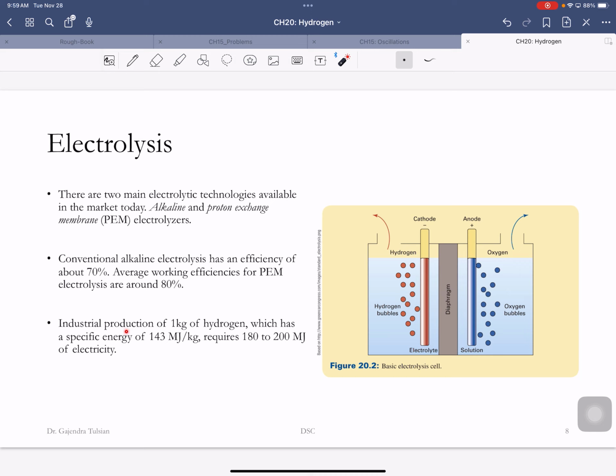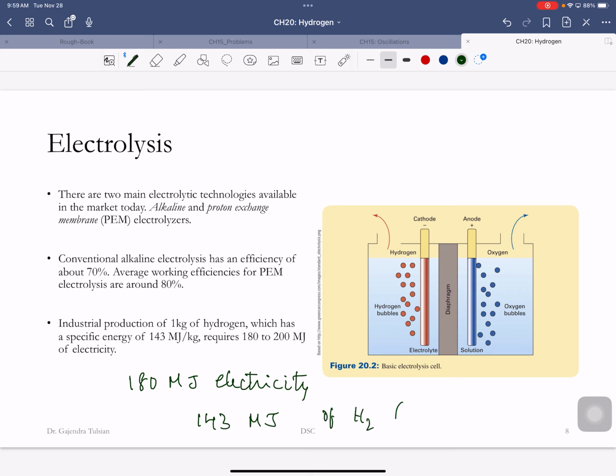So industrial production of 1 kg of hydrogen. So we have this process down. I mean, we can do it on a large scale, which has a specific energy of 143 megajoules per kg, requires 180 to 200 megajoules of electricity. So what this number is saying is, I'll say, you need 186 megajoules of electricity to produce 143 megajoules of hydrogen.